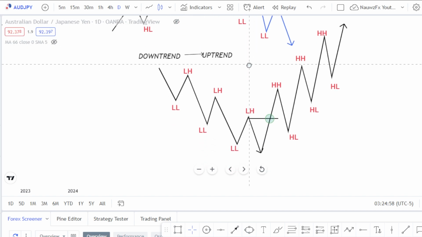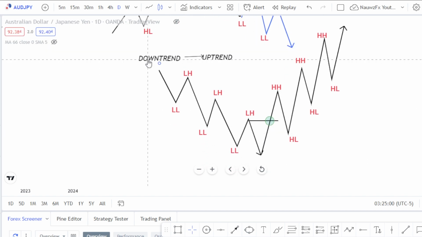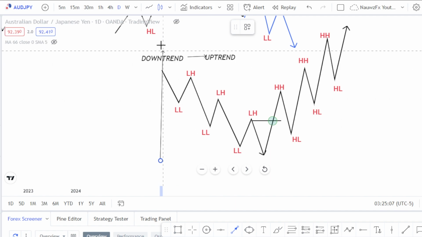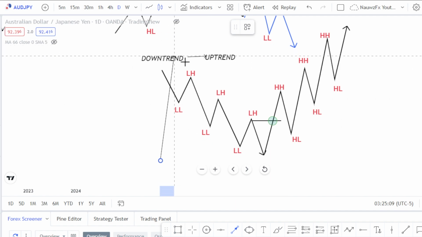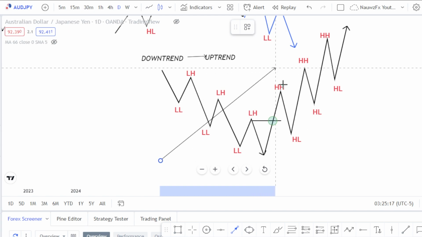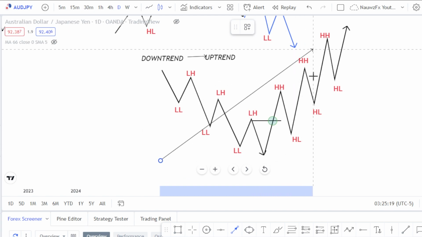Let's recap quickly. The market was making lower highs and lower lows, and we said that if the market is doing that, it is in a downtrend. Now the market has broken structure, it has violated the last lower high, and now it has come back and is making higher highs and higher lows.